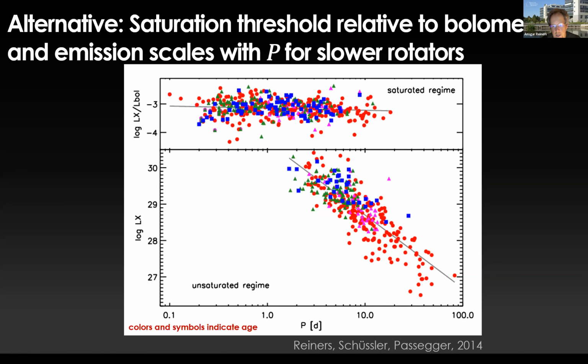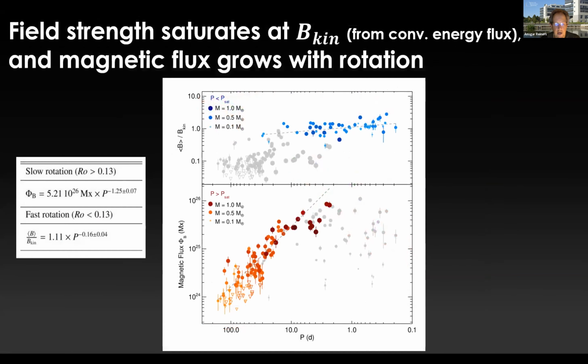And from this, we can come back to our observations of magnetic fields, and we can make the same translation and ask ourselves whether we could also produce this plot for the magnetic fields. And this would go like this. For the saturated stars, the fast ones, you would still want to plot the average field, but then normalize it by the maximum amount of the field that you can get. So this is the saturation level.